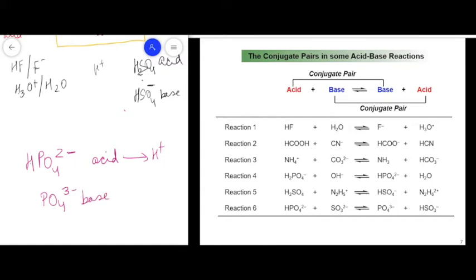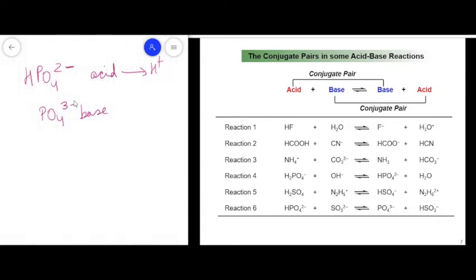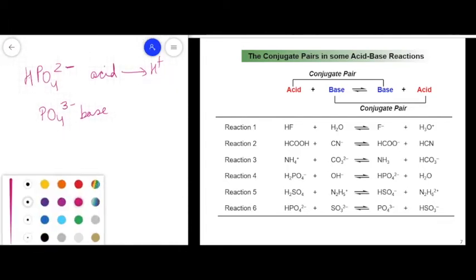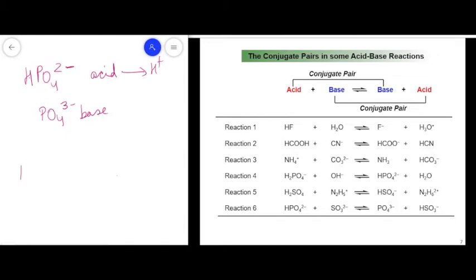Okay? Now, for the same example, I say that we have HPO4 2 minus, and I'm saying that this is a base. Can you tell me what would be its conjugate acid? In this case, we know that if this is a base, the definition of base is something that accepts a proton. So this is going to accept one of the protons.